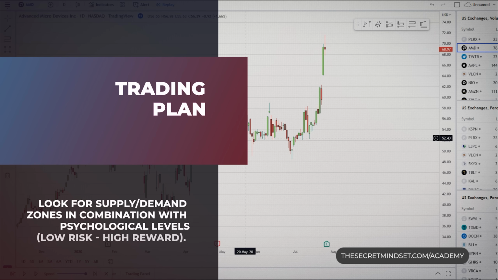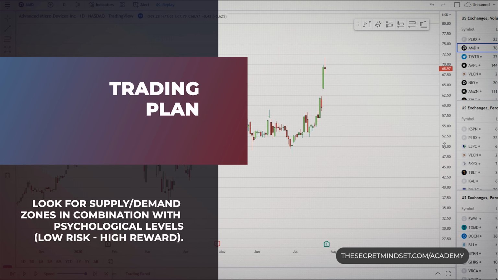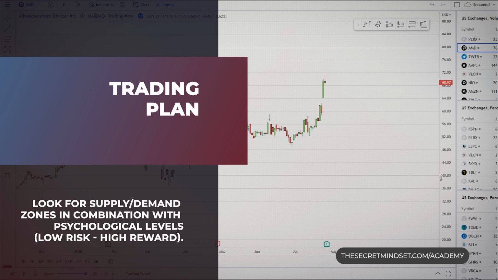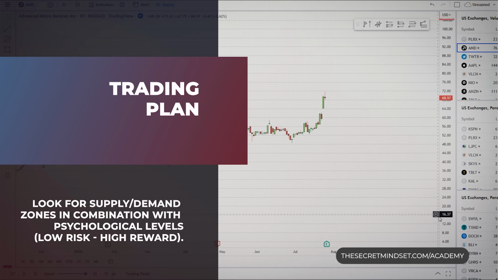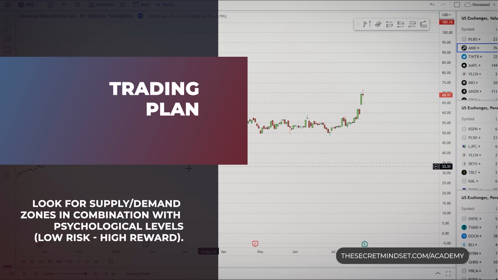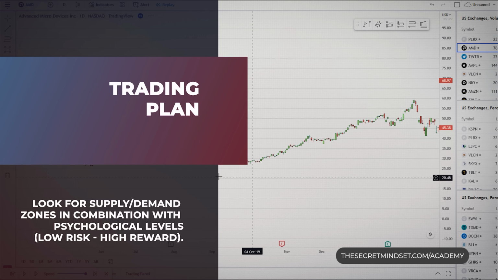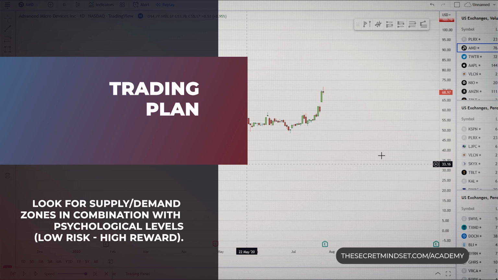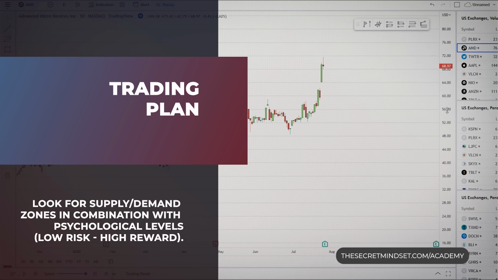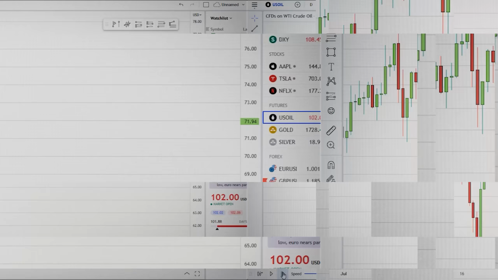A supply zone, in combination with a psychological level, is a high probability area to initiate a buy position. A demand zone, which includes a psychological level, again, offers a low-risk, high-reward sell situation.